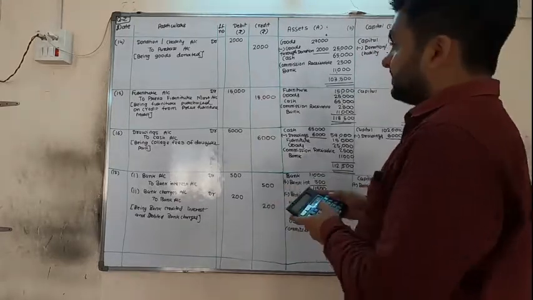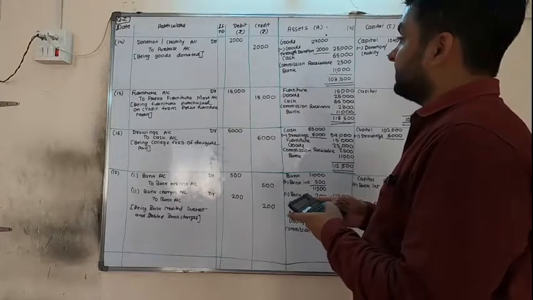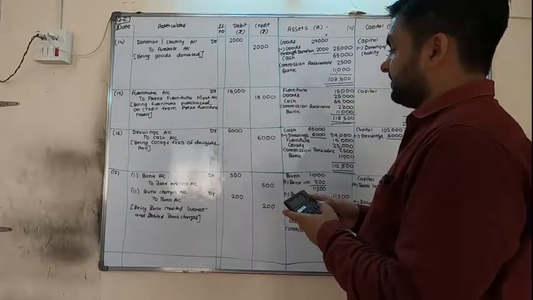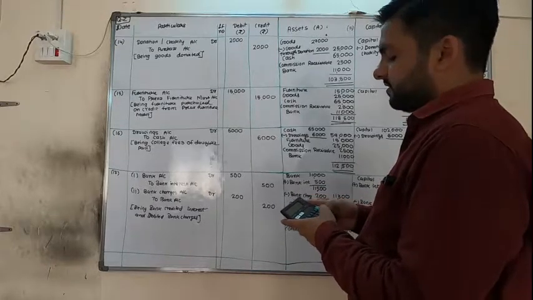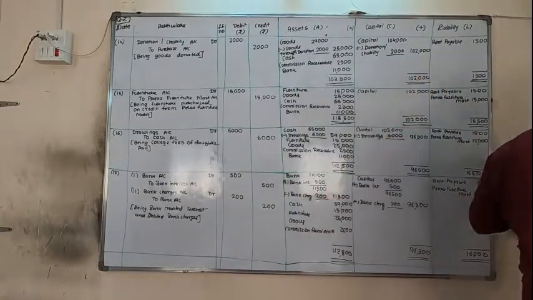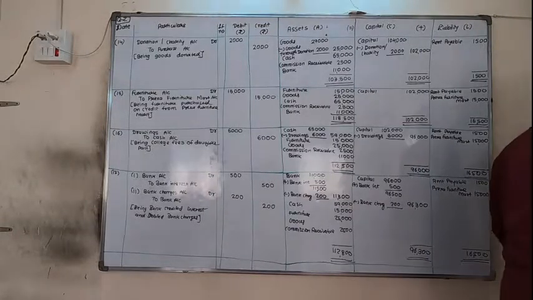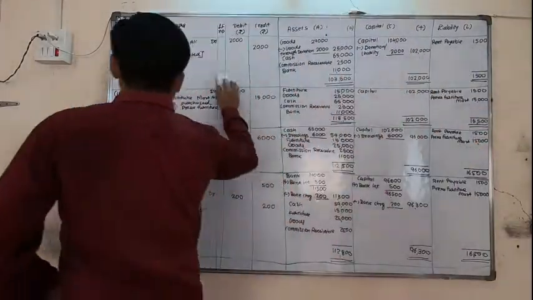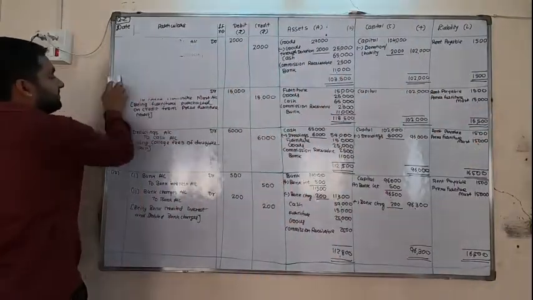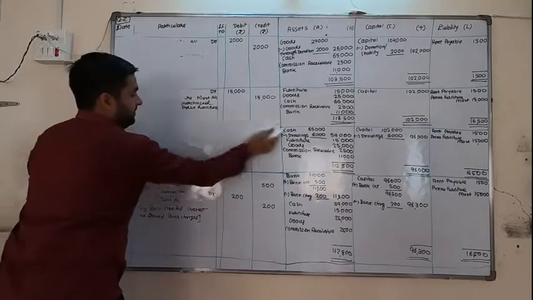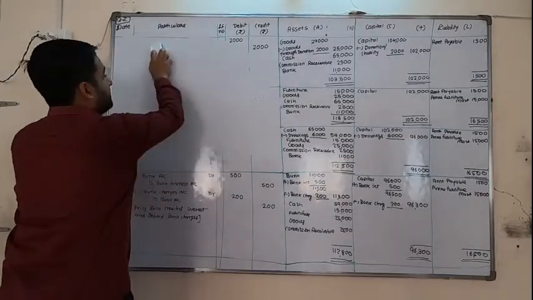Again I will take it on this side also: 358 plus 2,000 plus 15,000, 6,000, 500, 200. 3,81,700. So I will write it. Now we are left with two transactions, but I should not rub this transaction because I need the previous information. Okay.